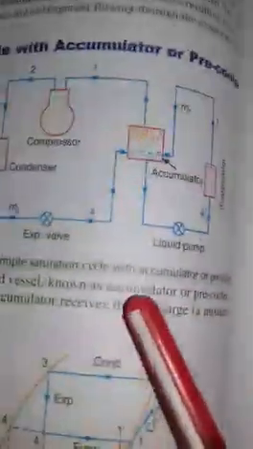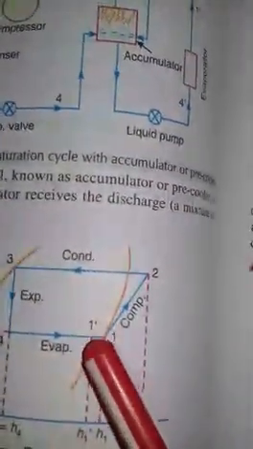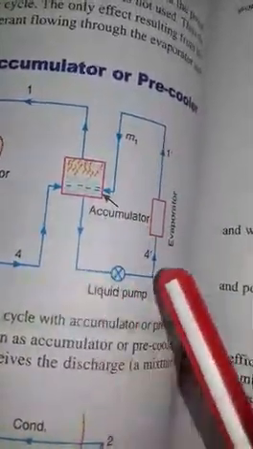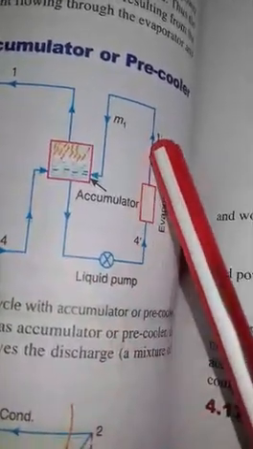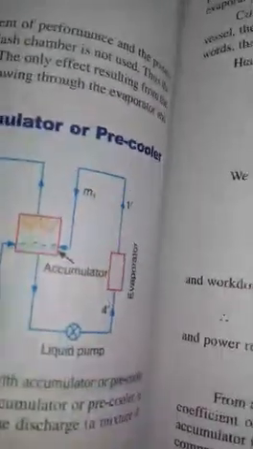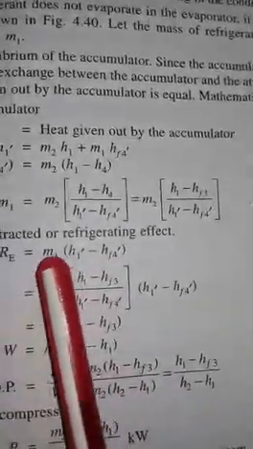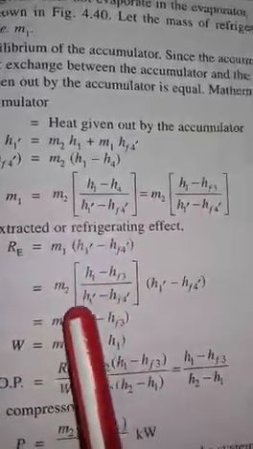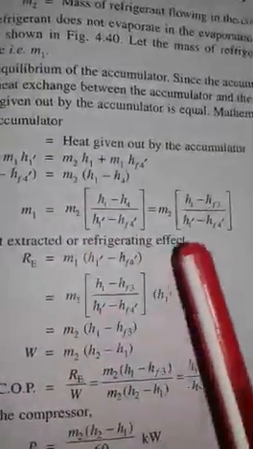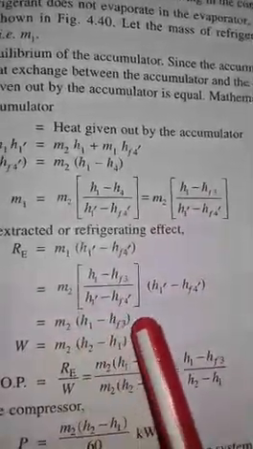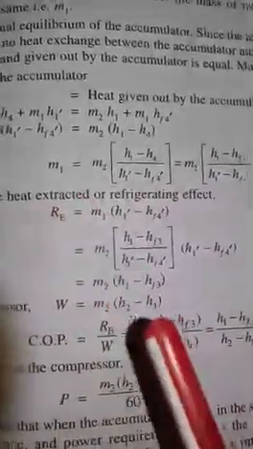Substituting the value of M1, that will be M2 into H1 minus HF3 divided by H1 dash minus HF4 dash, into H1 dash minus HF4 dash. This cancels, leaving M2 into H1 minus HF3. That will be the refrigerating effect.